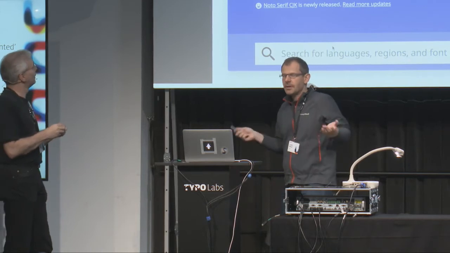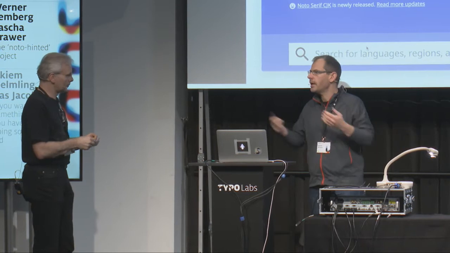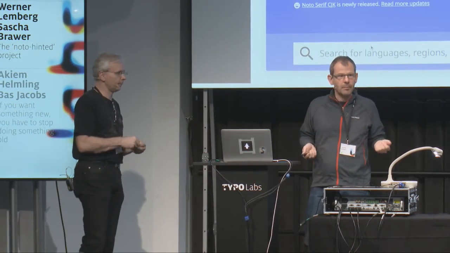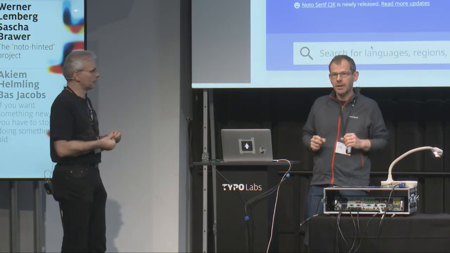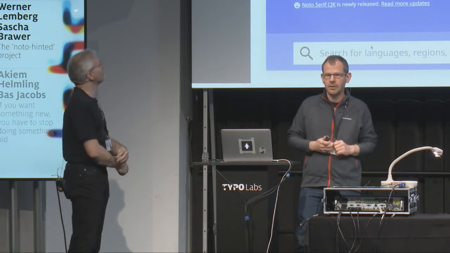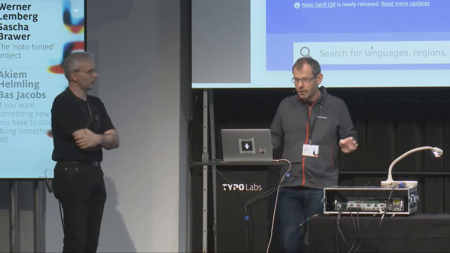Experiences with what specifically? So let me first tell a bit why we are doing this at all. Why is Google paying Werner to do hinting? Well, we have this project, Noto, which probably you all know, which is about getting rid of tofu. No more boxes, let's make a font that works for all languages globally, covers all of Unicode and is all perfect and wonderful.